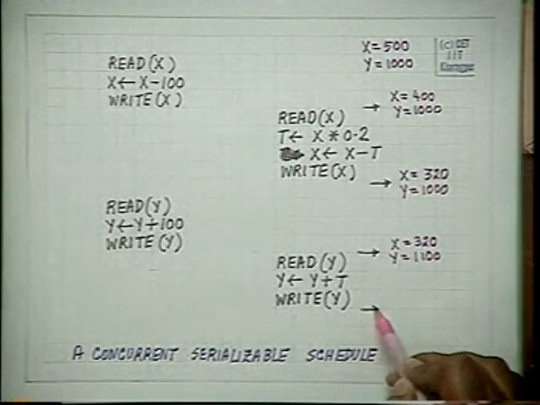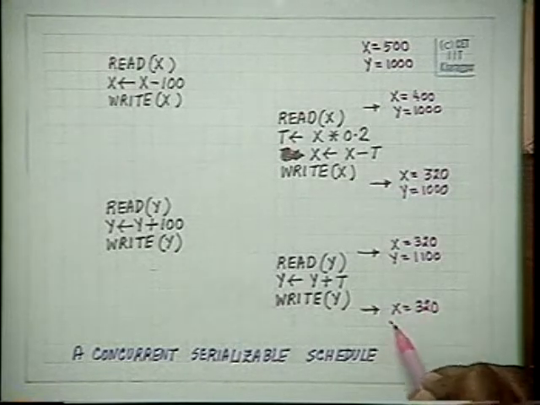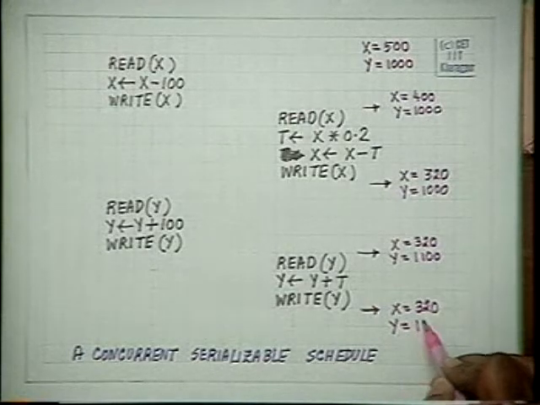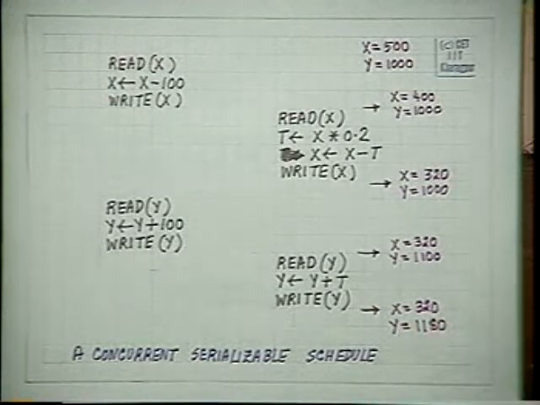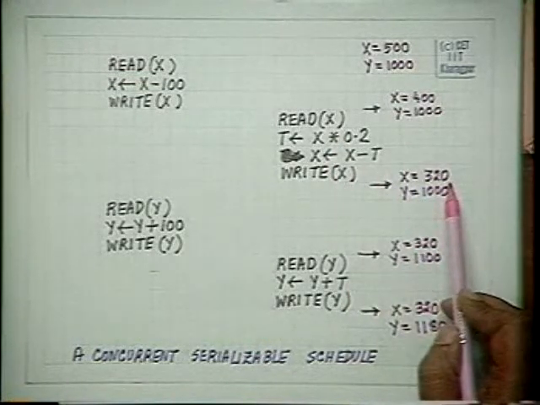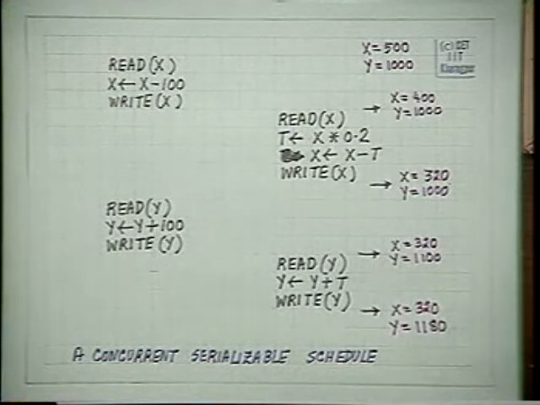And at this particular point of time, x will be 320 and y will be 1180. 100 is deducted from x, here 80 is deducted from x, here 100 is added onto y, and here 80 is added onto y.